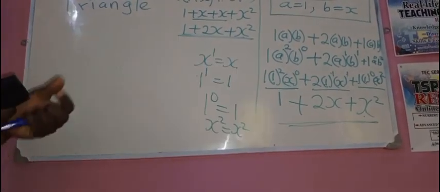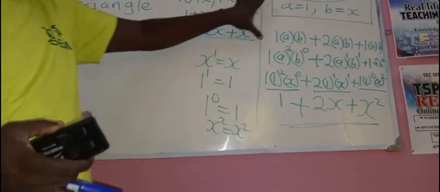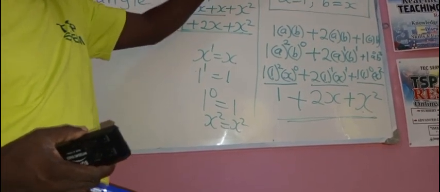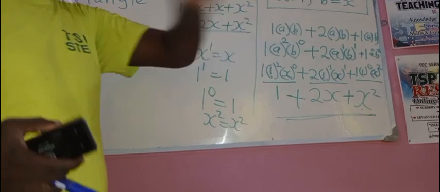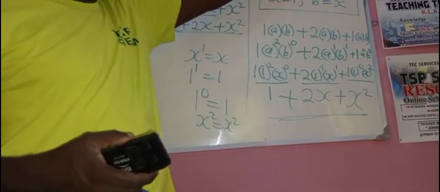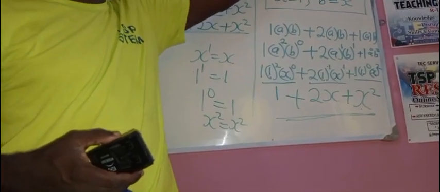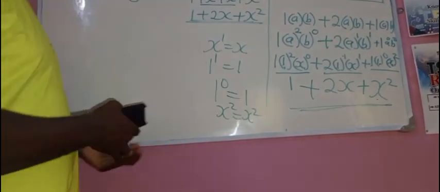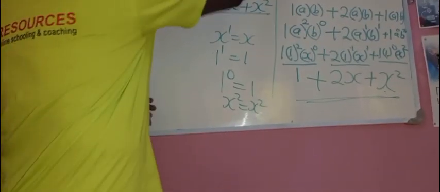Now, this method is good when the highest power is 2, which we have confirmed by this. But the issue now is, what if the exponent is 3? Is that clear? So that is where I'm going now.